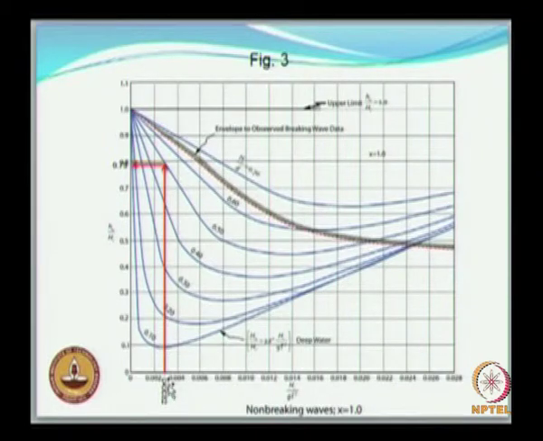Hi by D is 0.6. So 0.6 is somewhere here. It is almost close to 0.9.